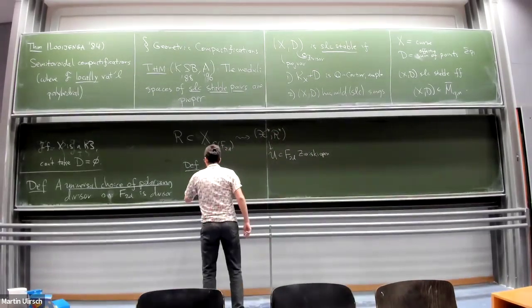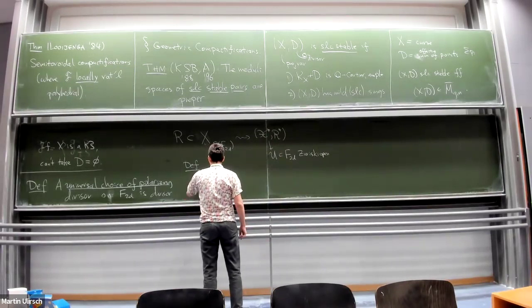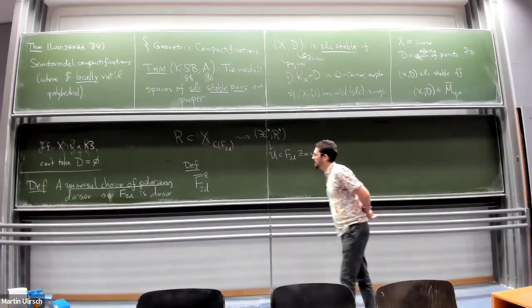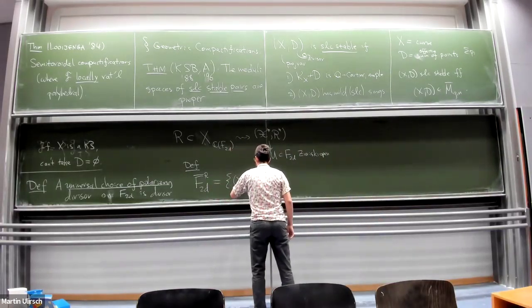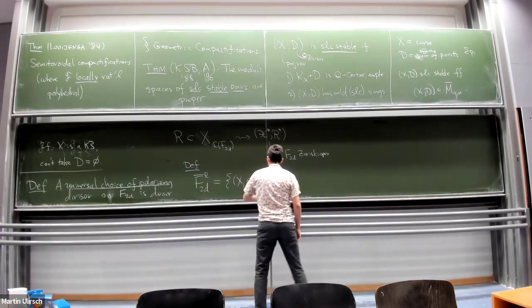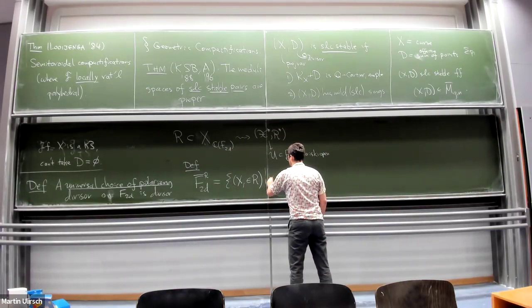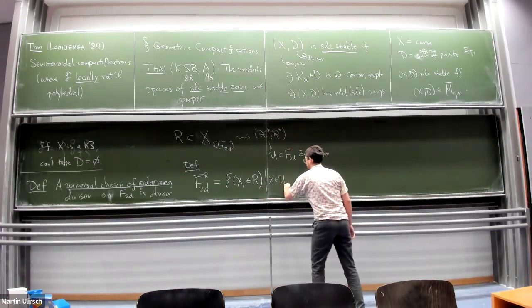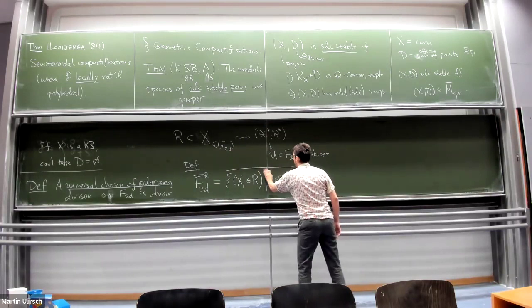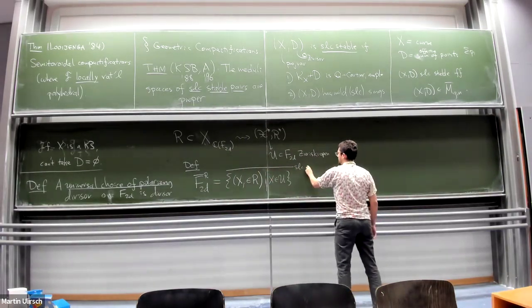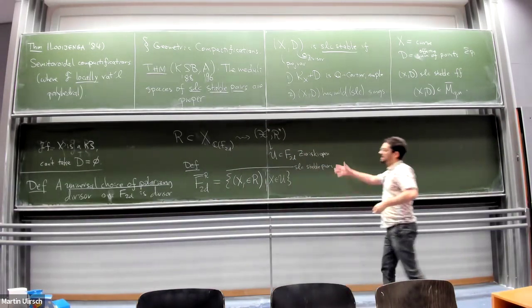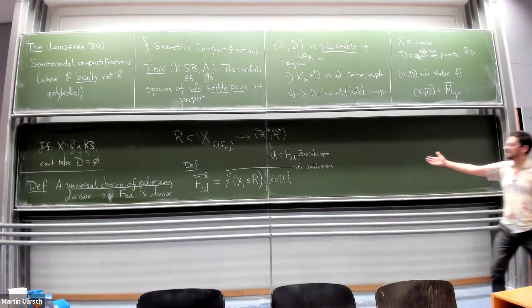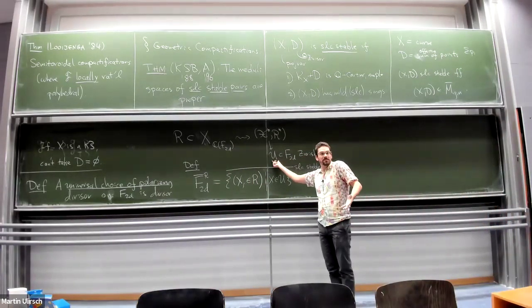And now let me define the compact, proper space F_{2d}^R to be the closure of the space of pairs (X, εR), where X represents a point in the open set U. So I take the set of such pairs and I just take the closure in the space of SLC stable pairs. Okay, so a priori, this isn't even a compactification of F_{2d} because it only contains the open set U, so it's a compactification of the open set U.